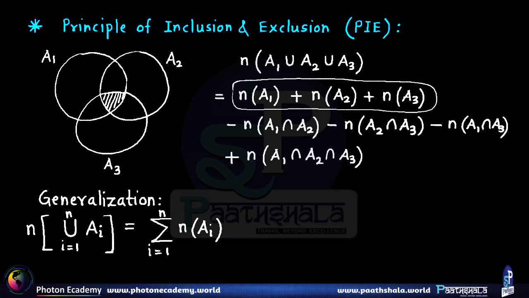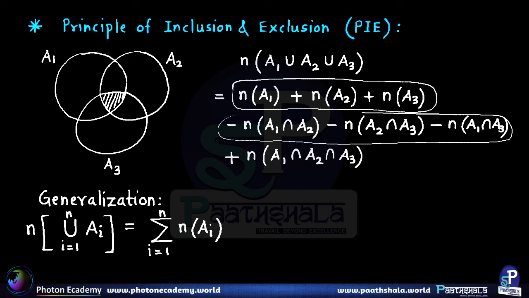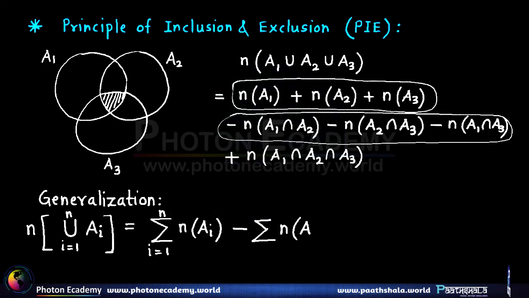Now from this we have to subtract the number of elements which are common to two sets each. So that means the minus summation of n of Ai intersection Aj, where of course i cannot be equal to j because it basically has to be two different sets.